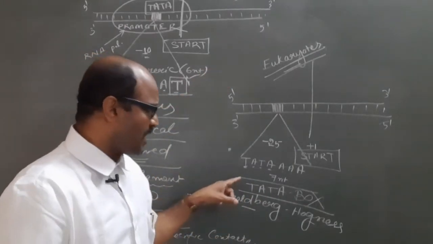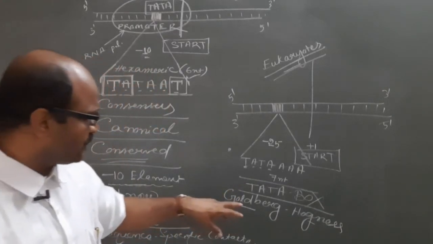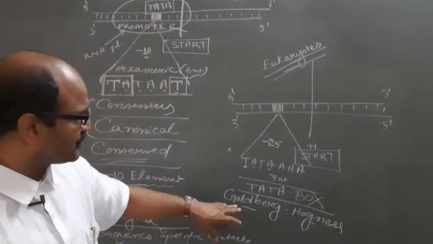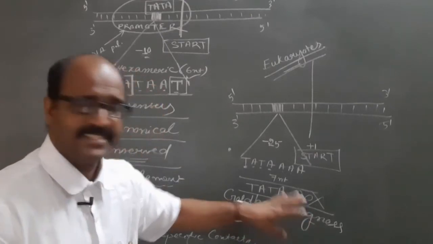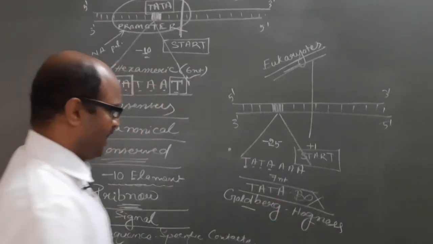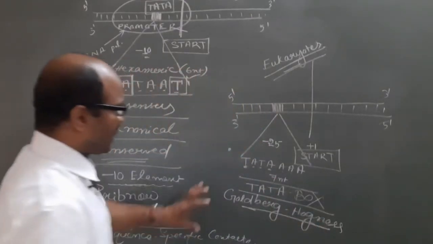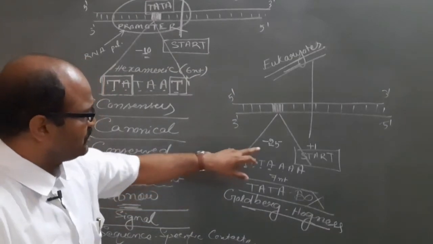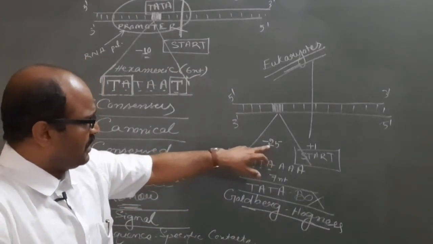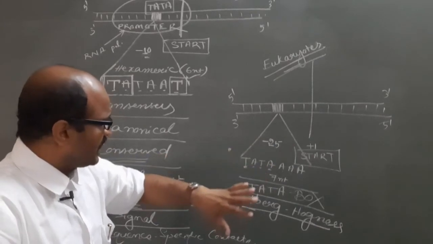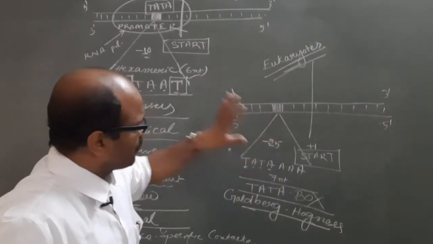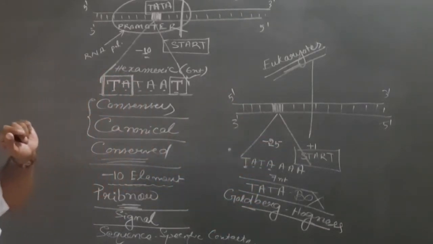That's why this TATA box, after the discoverers, is also known as the Goldberg-Hogness box or element. Okay. So this is the TATA box region, which is present at the -25 region. That's why it is also known as the -25 element.